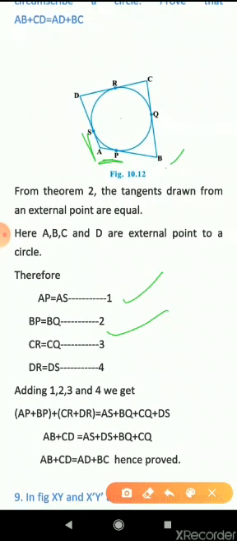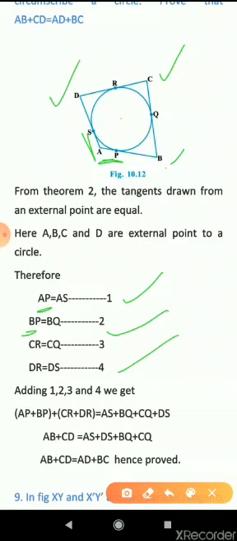When you are writing, observe that AP and BP must be together. Keep AP, BP on one side, and AS, BQ on the other. Next, if C is an external point, CR is equal to CQ, equation 3. Next, if D is an external point, DR, DS are equal.